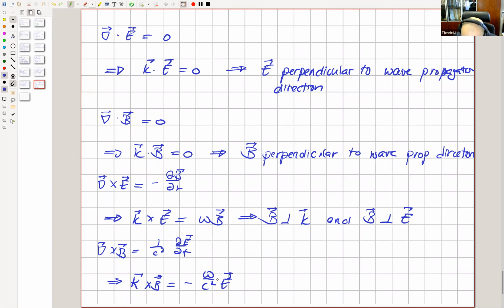Now, there remains only one final thing to consider, and that is specifically what the ratios of the fields are, and that we can simply take a look at. For example, I could take a look at the following equation.